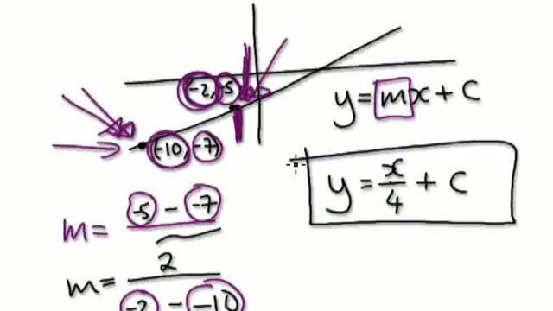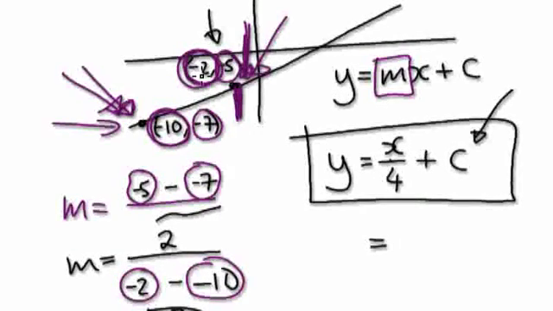So far so good, but we need to find the intercept. So now we need one point, any point on the line. Let's choose this one here. So it's minus 2, minus 5. So y is minus 5.